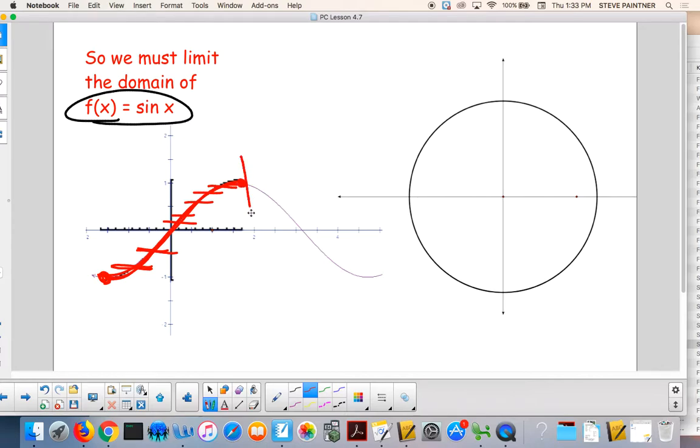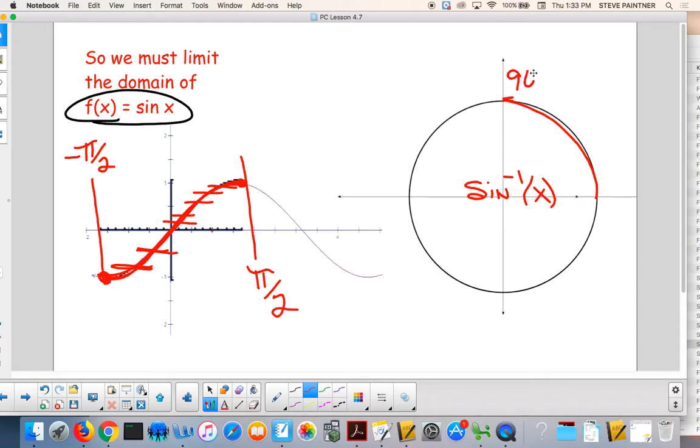Where is this right here? Happens to be at 90 degrees. Where's this? Negative 90 degrees. So now what I'm telling you is when you do an inverse sine function of x, you only get angles from what to what? Yeah, negative 90 to 90. So there's 90, and there's negative 90. So what did I just do to you?